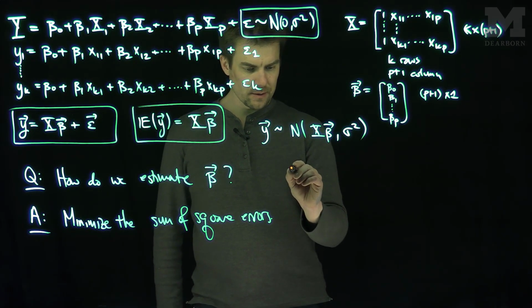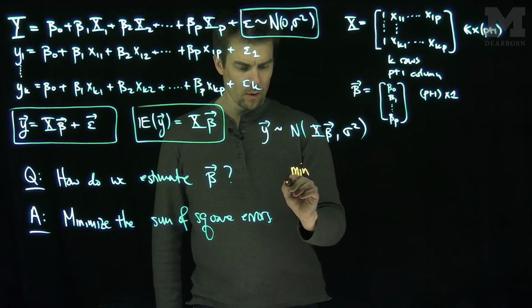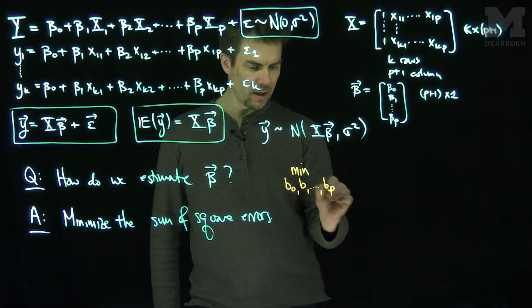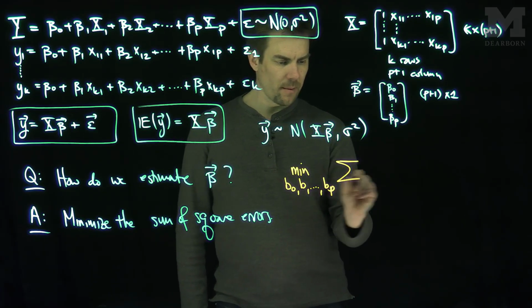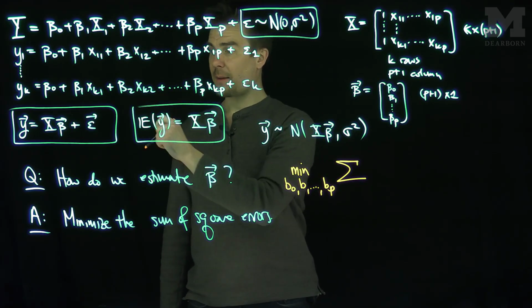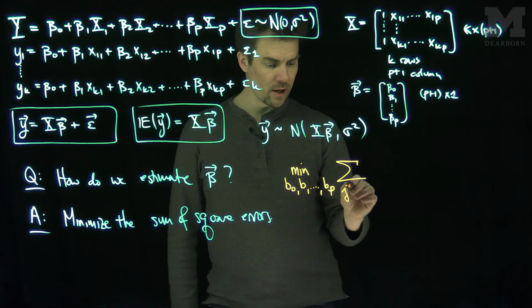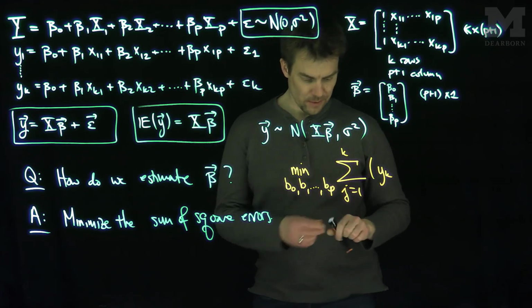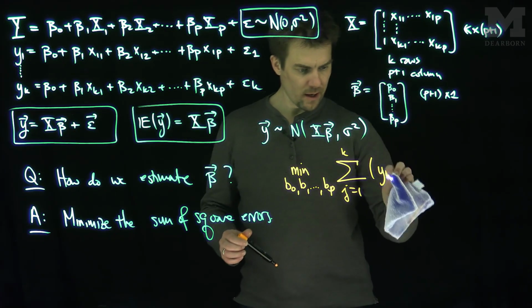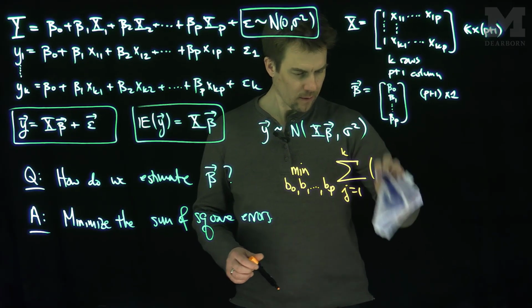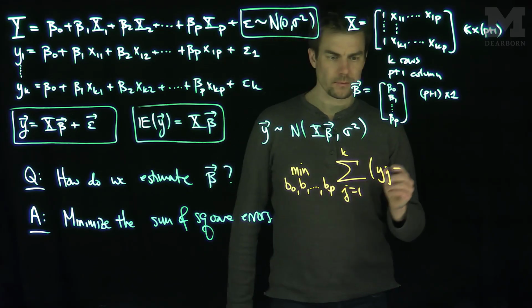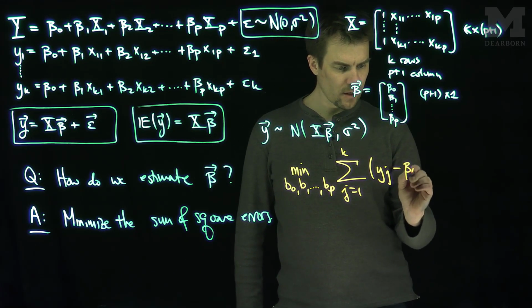I want to minimize over all coefficients b0, b1, bp. I want to find the minimum of the sum. Remember, we have k observations over here, so j goes from 1 to k of yj, not k of course, yj, minus beta 0.